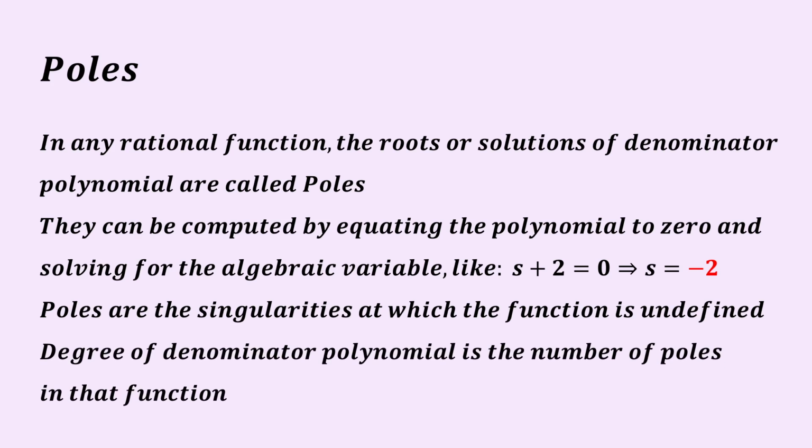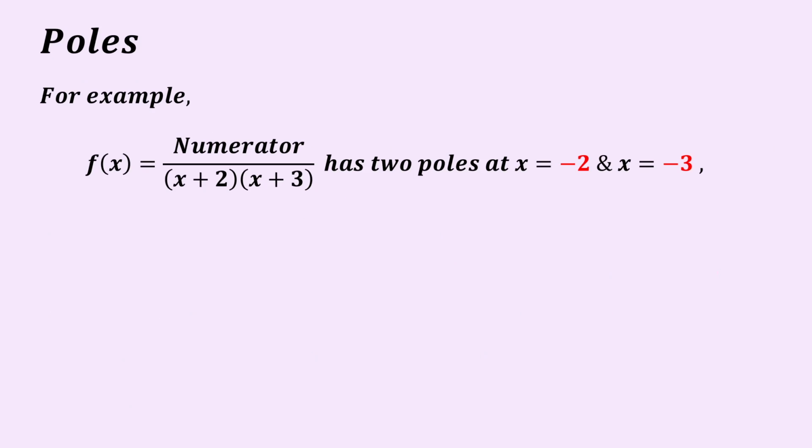And the degree of the denominator polynomial defines how many poles there are in that function. So as we multiply these factors in the denominator, it will become x squared plus something. So x squared means this polynomial is of second degree, and in the same way it has two poles.